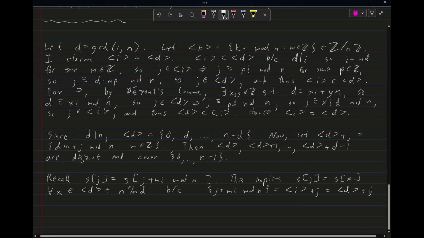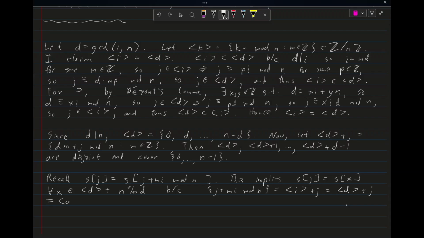But then because we know that 0 through n minus 1 only consists of these distinct subsets, basically we can take any J, divide J by D and get the remainder, and anything that's not in the remainder just gets sort of consumed into D. Subsumed? I don't know. Definitely not consumed, but that's a cool word.